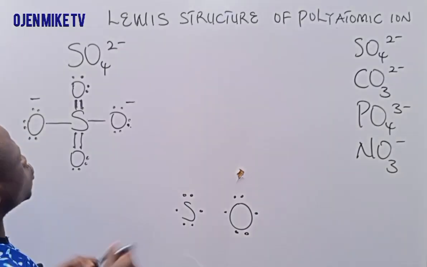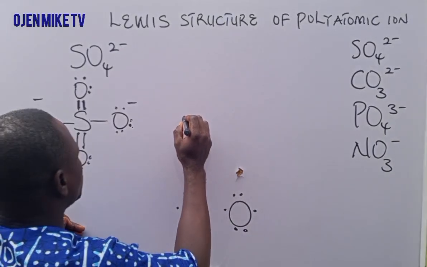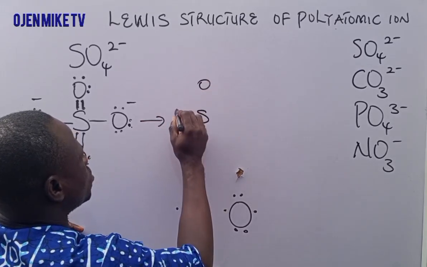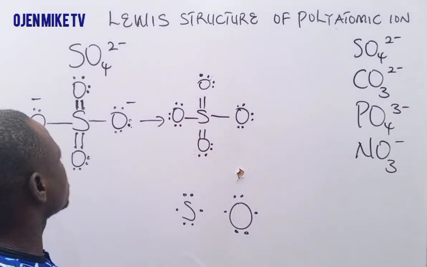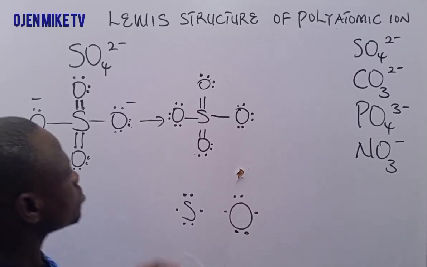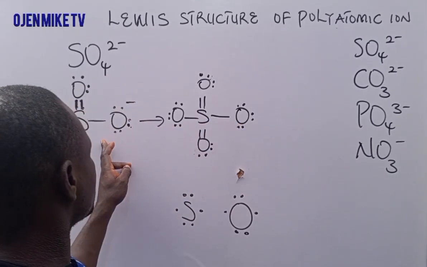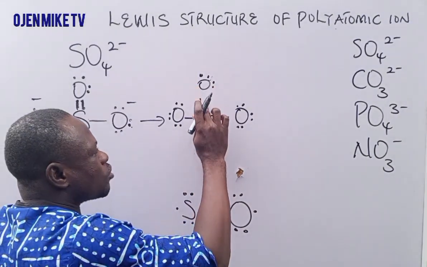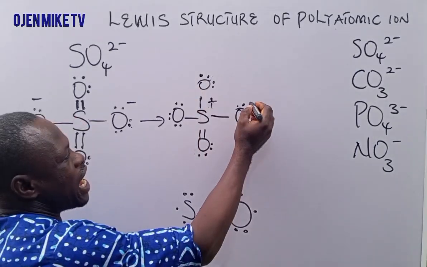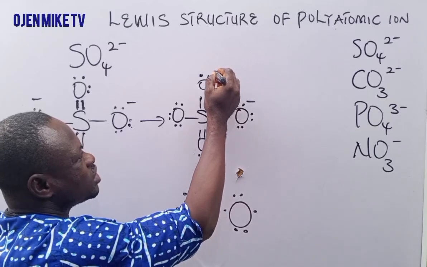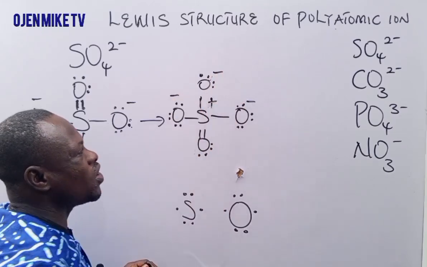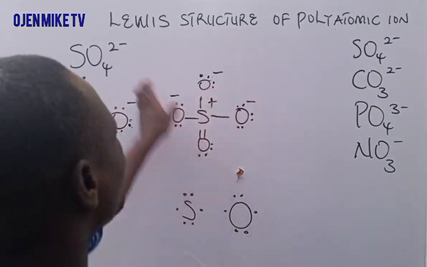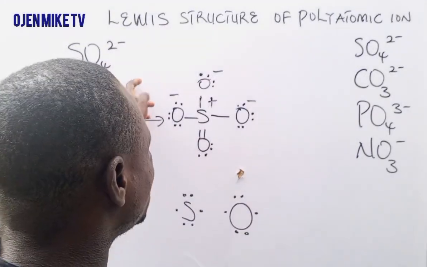So another structure can also be written as SO4. This is this structure. What really happened here? If you remove this one, you are adding one electron. So we now have one charge here and one charge here. Do you get that? This is another structure of sulfate ion.